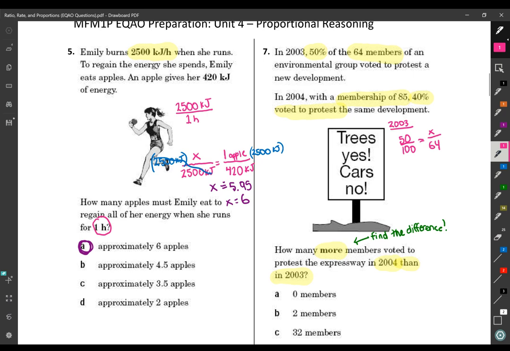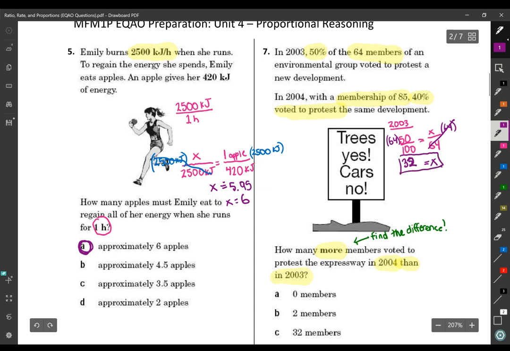We multiply both sides of our equation by 64, and we cancel that out, and that just leaves us with x is equal to 64 times 50 divided by 100. That's going to give us 32. So in 2003, 32 members voted.